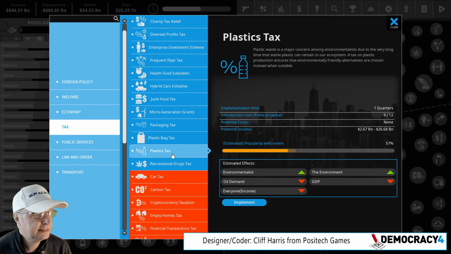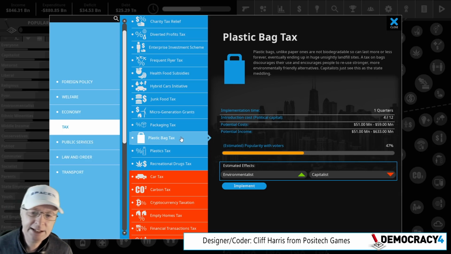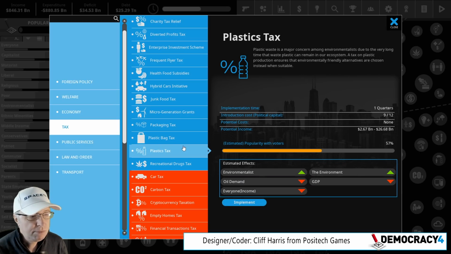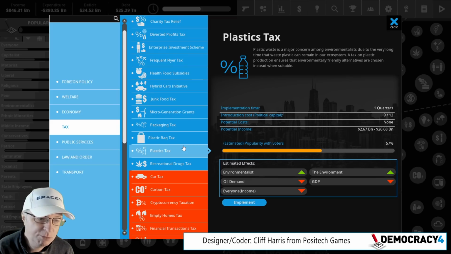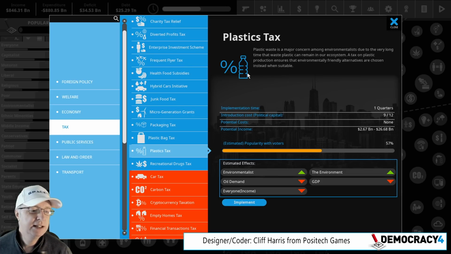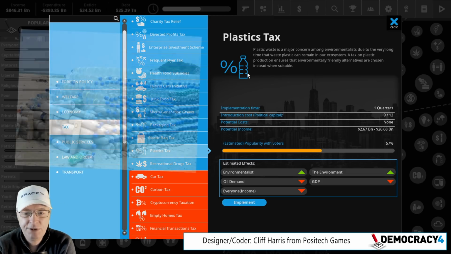And the other one here is a plastics tax. We already have a plastic bag tax, which arguably maybe we should get rid of now. I don't know. But a general purpose plastics tax, which again is something I think we should have, is basically trying to put up the price of plastic water bottles and stuff like that, which is why we've got this icon here. And again, environmentalists want this.